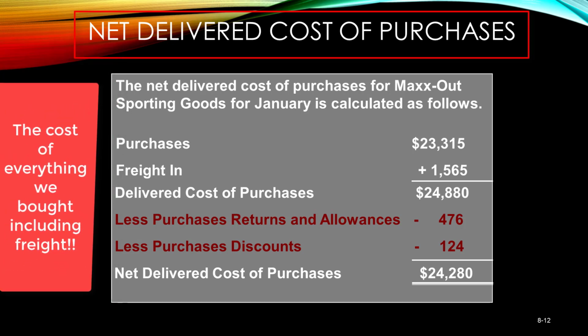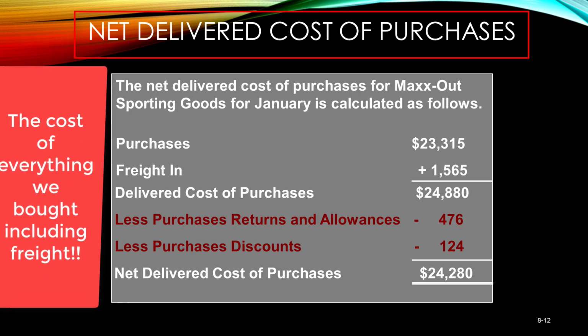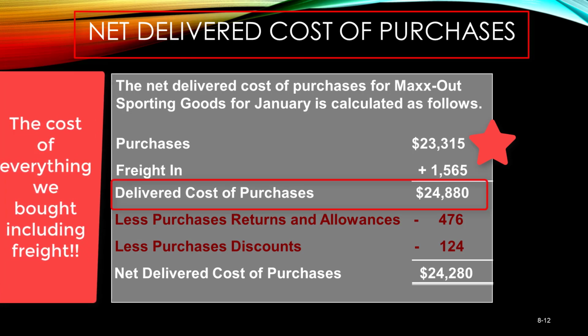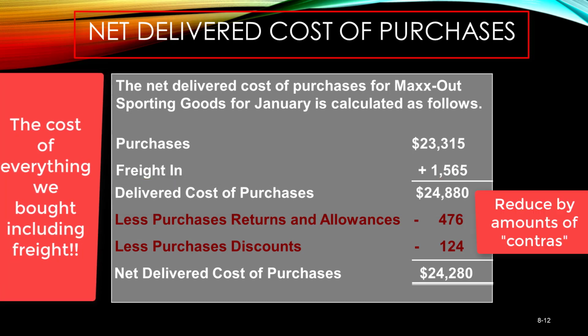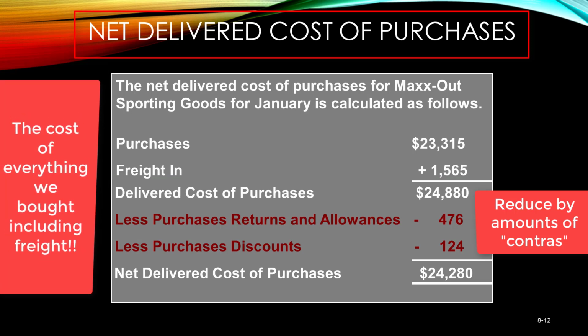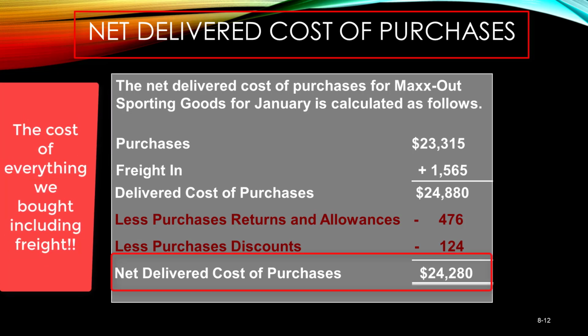In this calculation, we start off with the merchandise that we purchased, which is being summed up in the purchases account. We add in the freight costs to get delivered cost of purchases. The two contra accounts pull us down. So we subtract out the purchase returns and allowances and the purchases discounts to get the net delivered cost of purchases.